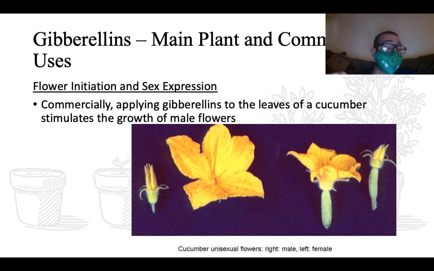So they have separate male and female flowers on separate plants. So if you have a bunch of cucumber plants and you want to ensure that you have male flowers to pollinate the female, you can apply gibberellins to ensure that you get male flowers when you need them.